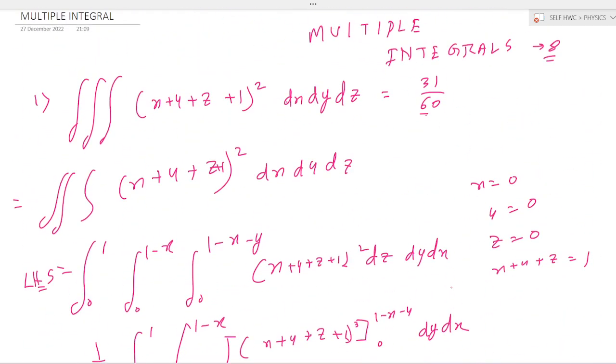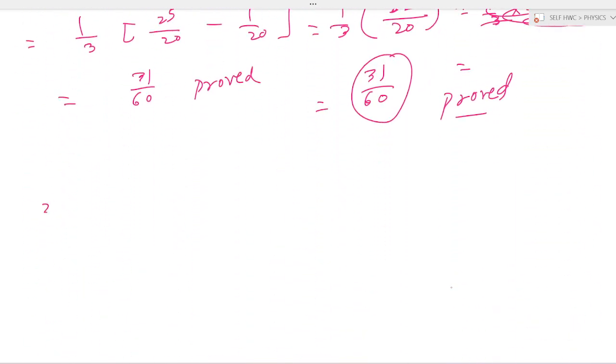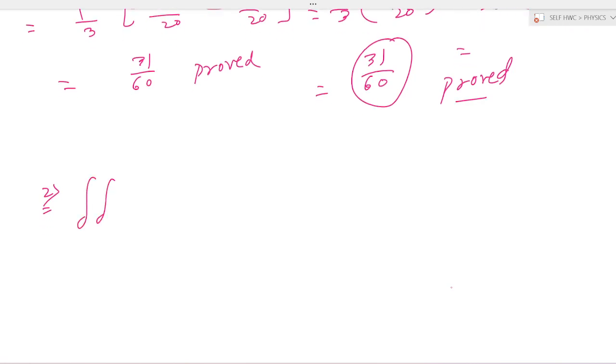Okay, next question, question number 2. Triple integration.